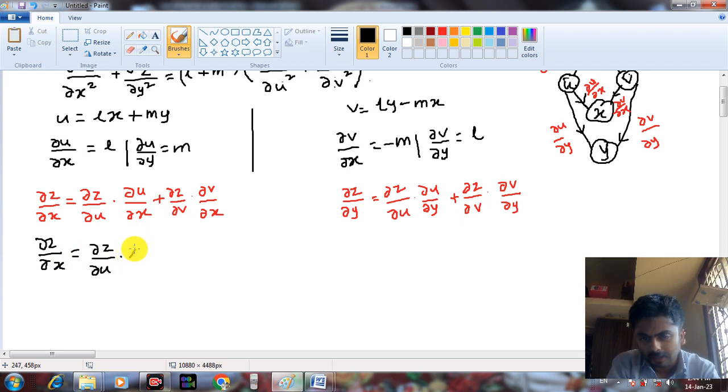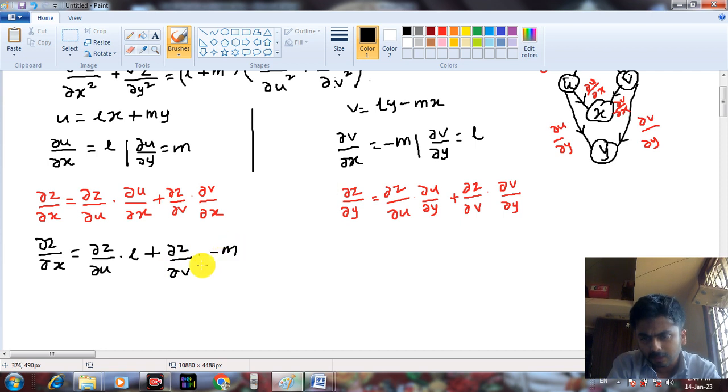It is L, plus ∂z/∂v into what's the value of ∂v/∂x?